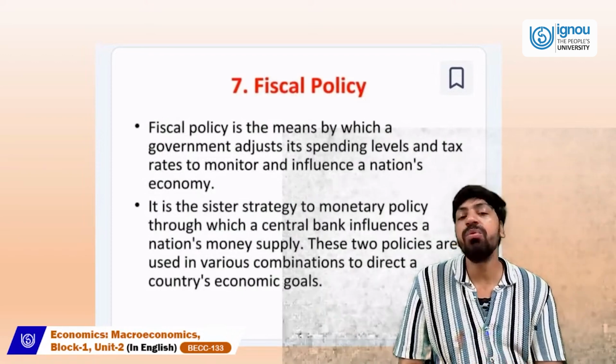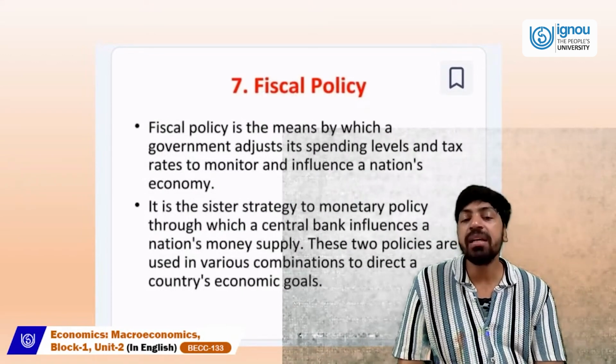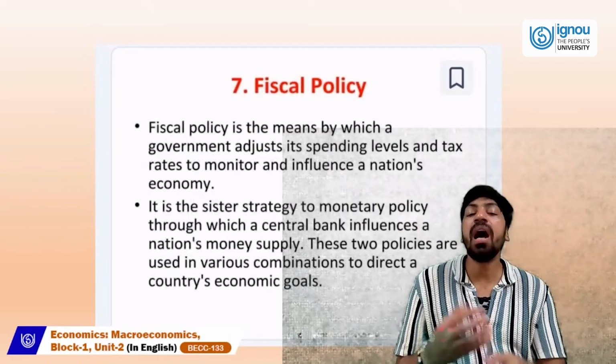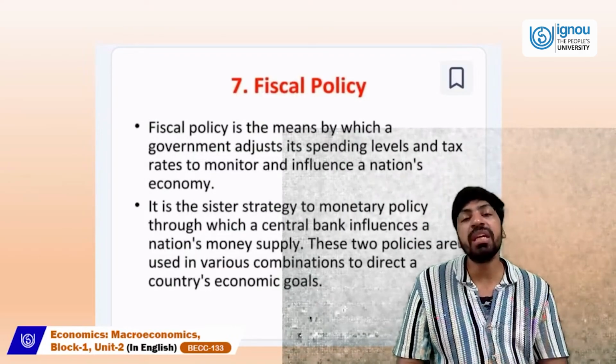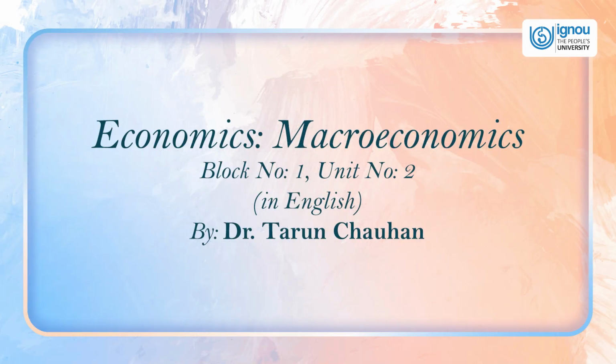One of the most significant goals is to direct how the country could achieve its economic goals, and it could be achieved through fiscal and monetary policy. After all, fiscal policy is a strategy for monetary policy, and monetary policy works based on the strategies made by the Central Bank of India.